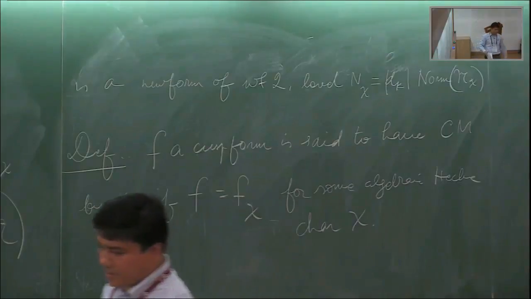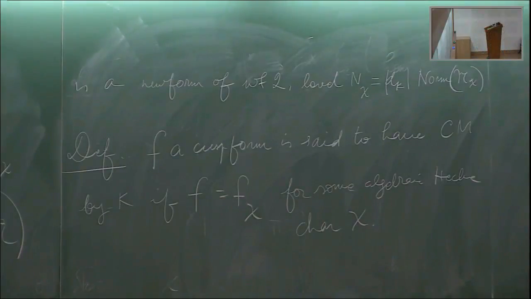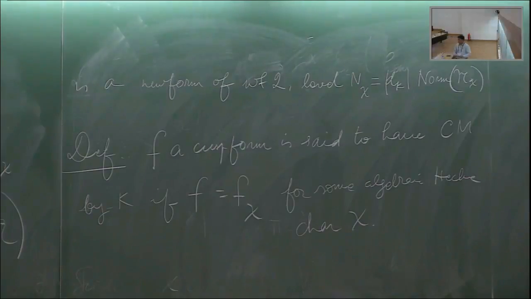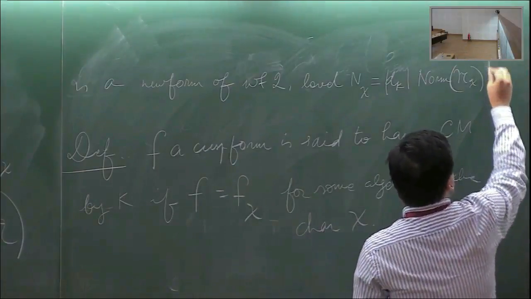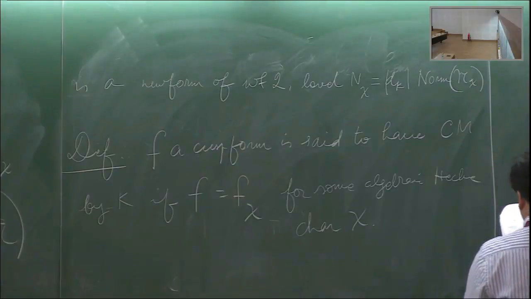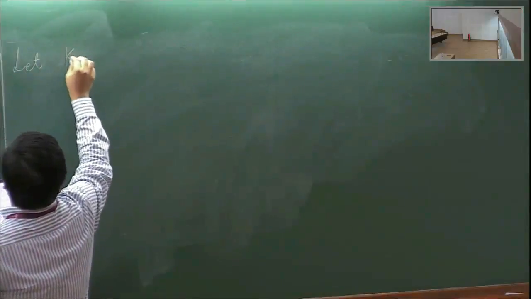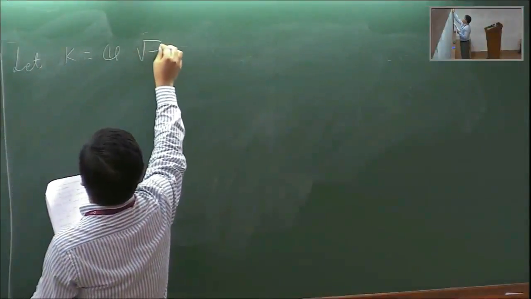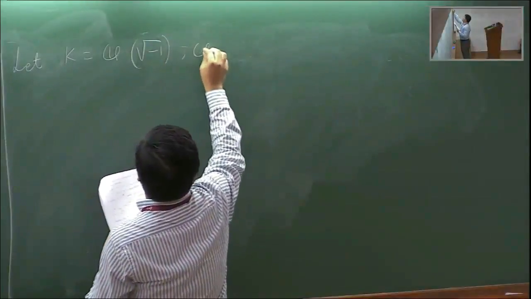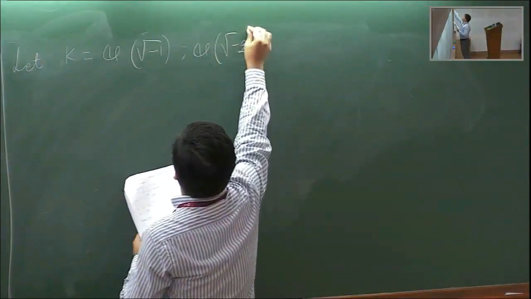What else do I need? How much time do I have? Six minutes left, so I have to really hurry up. Now with this recipe, let K equal Q square root of -1 or Q square root of -2, one of them.